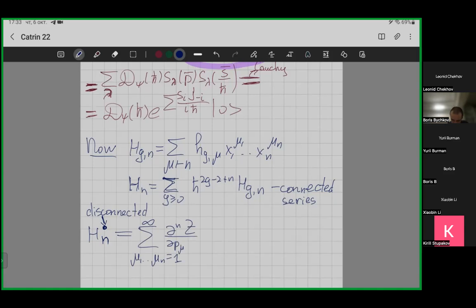So in this identity, nothing is hidden, just rewritten in the right letters. I'm saying that instead of these p variables, we write x variables.